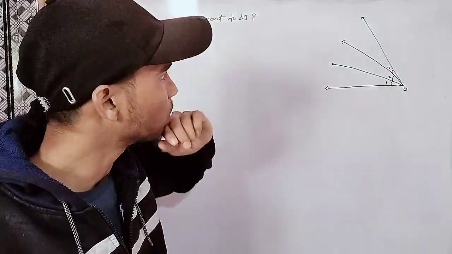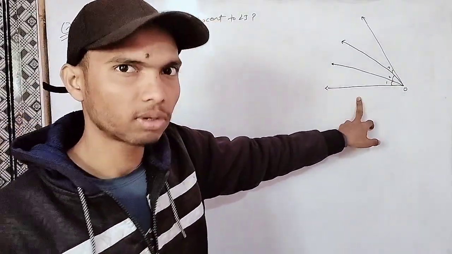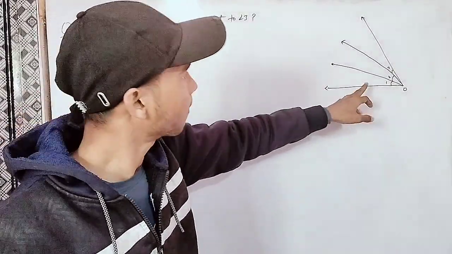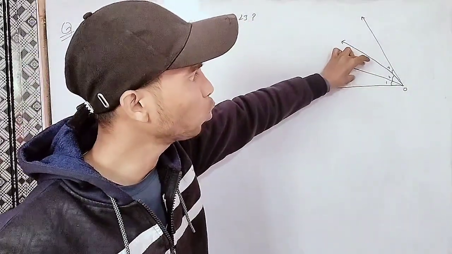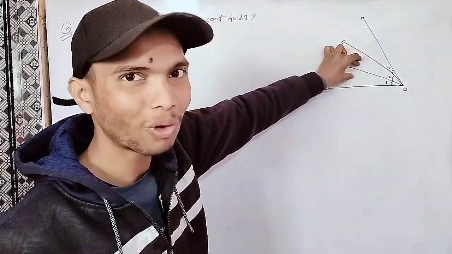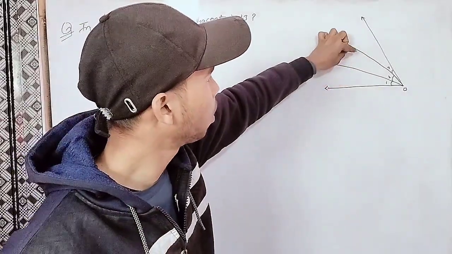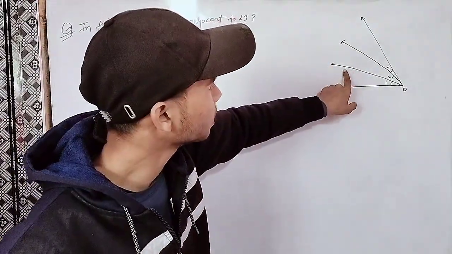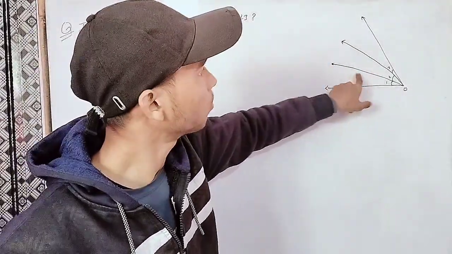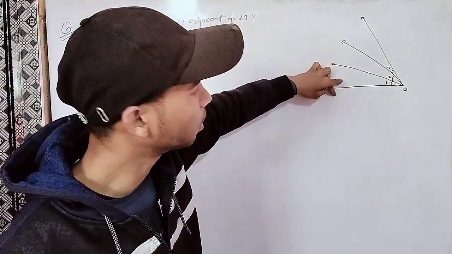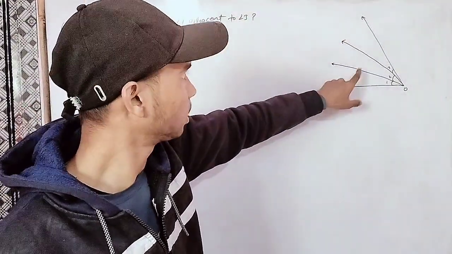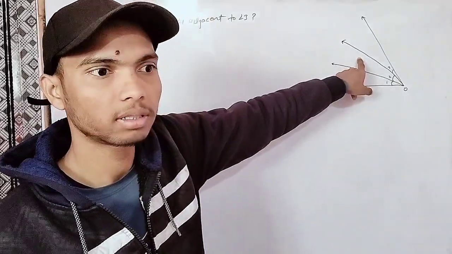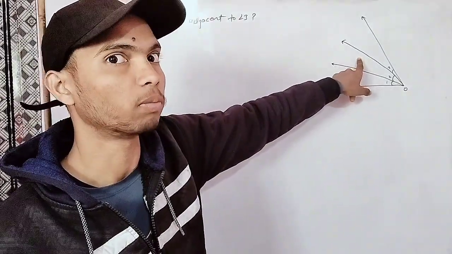Our condition should be, first of all, that this is already an adjacent angle, because we have two angles. Here this is a common arm, from here till here, and this will be known as the non-common arm.